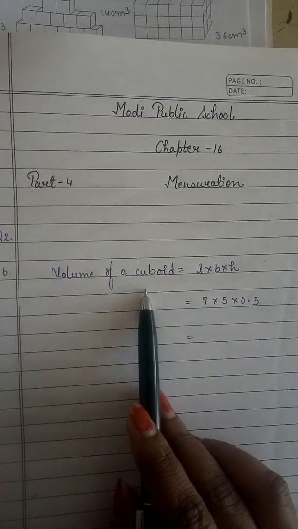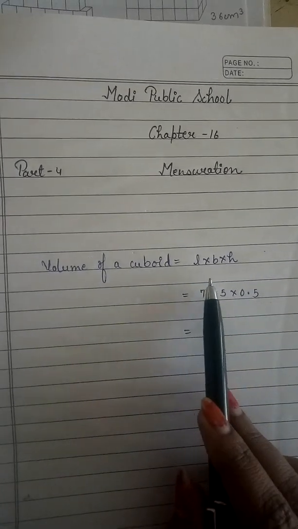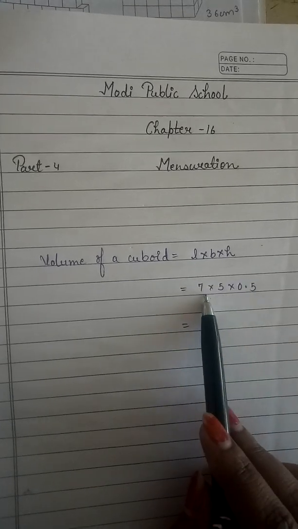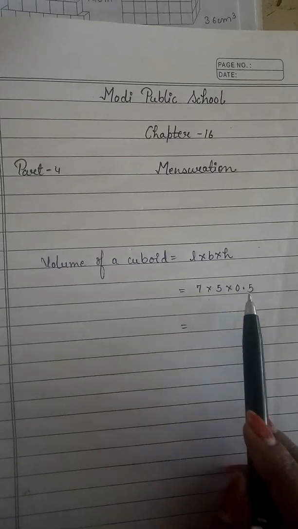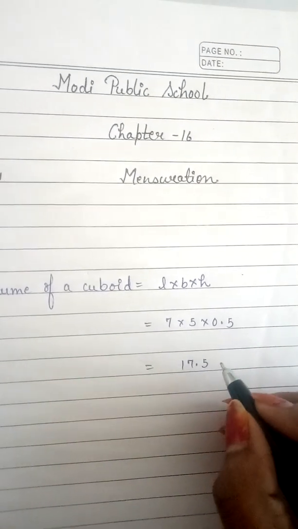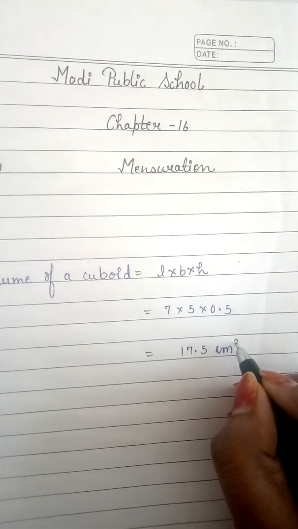Volume of a cuboid is length multiplied by breadth multiplied by height. So here we put the values 7 into 5 into 0.5. Now we have to multiply all these three. 17.5 is the volume. Now we have to take care of the unit. The unit will be cubic centimeter.